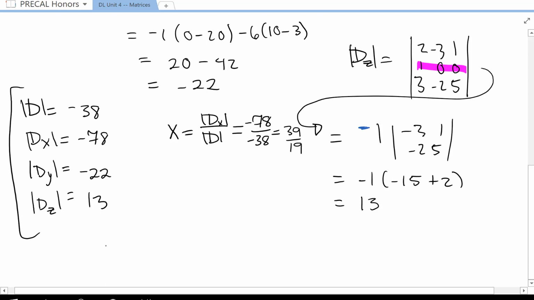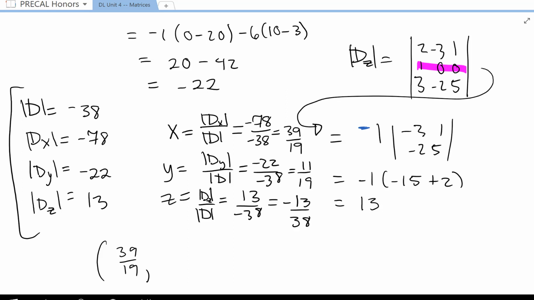Okay, so that's our first one, 39 over 19. Similarly, we can find y and z. Using Cramer's rule, we have our x value, y value, and z value from that system of equations. Go ahead and write it as a point.